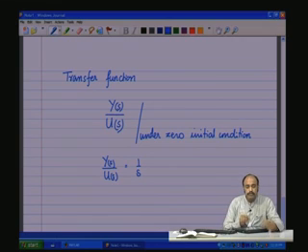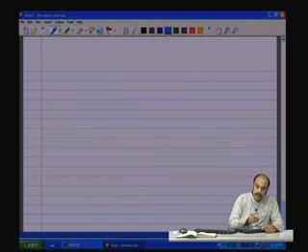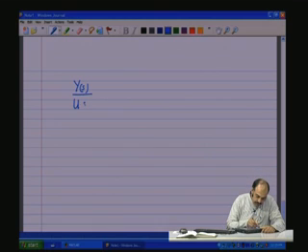Now, we should be able to obtain the transfer function of any circuit, and the transfer function of any circuit will be of this general form: Y(s), the output variable Laplace transformed, by U(s), the input variable Laplace transformed, equals a numerator which is a function of s, a numerator polynomial, over a denominator which is a function of s, a denominator polynomial.